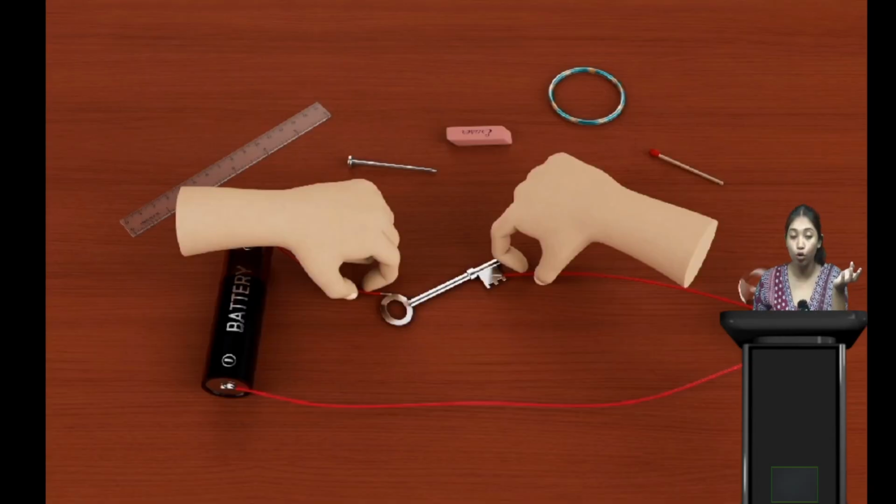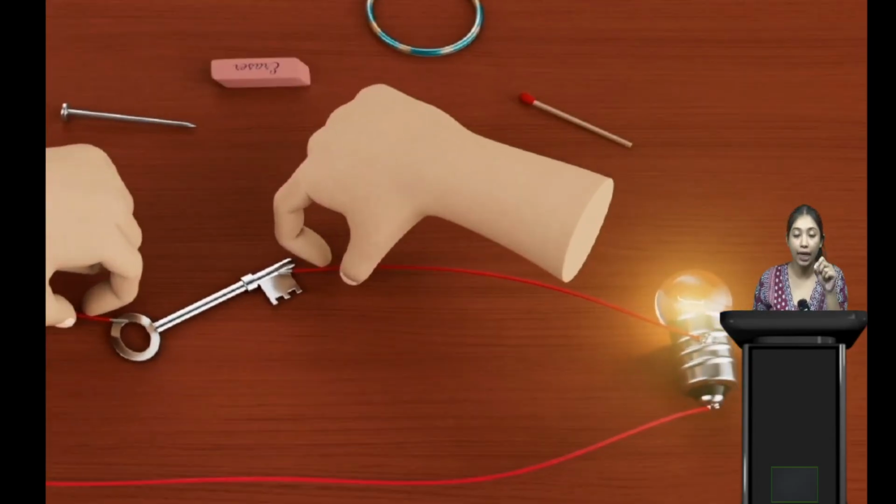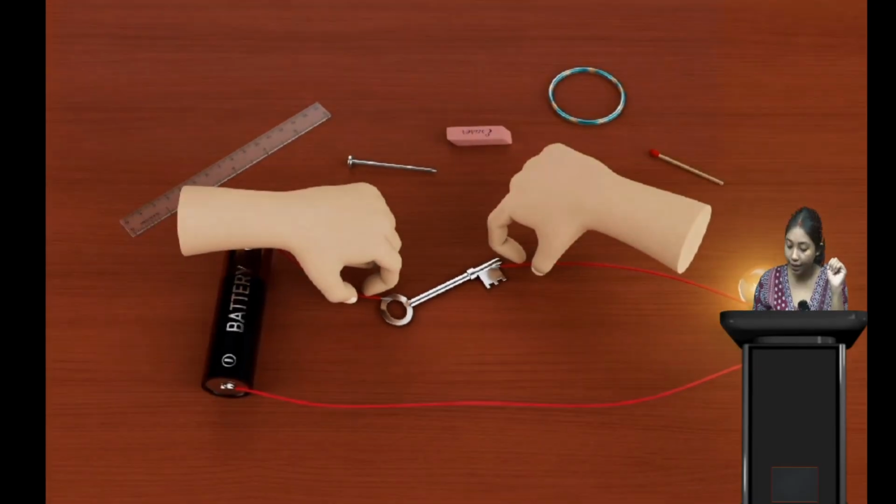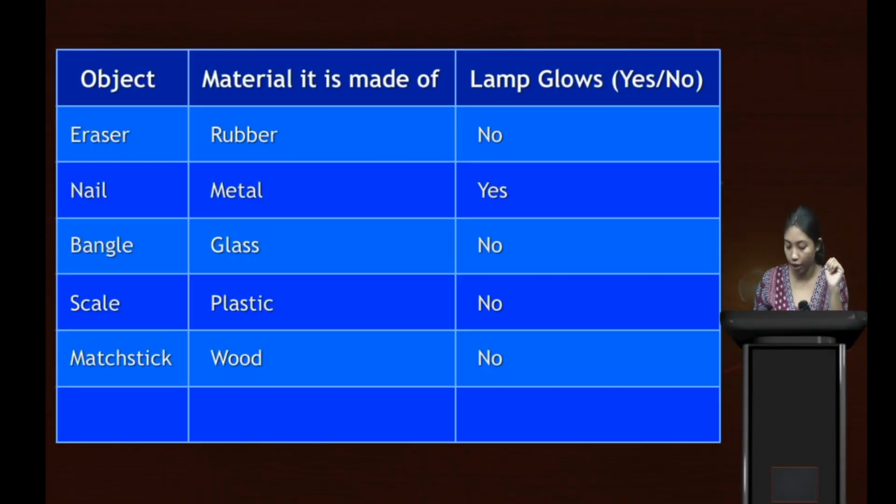Matchstick is made up of wood. And finally, when you use a key, that is made up of what? Very good. That is made up of metal. The light suddenly started glowing. Key, the light suddenly started glowing.